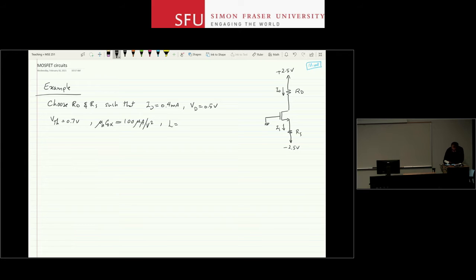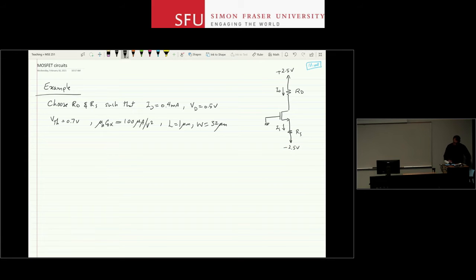So L is 1 micrometer and W is 32 micrometers. Okay, so these are the device parameters, and we want to see what ID and what RS and RD values are needed to keep the device in that given operating region.